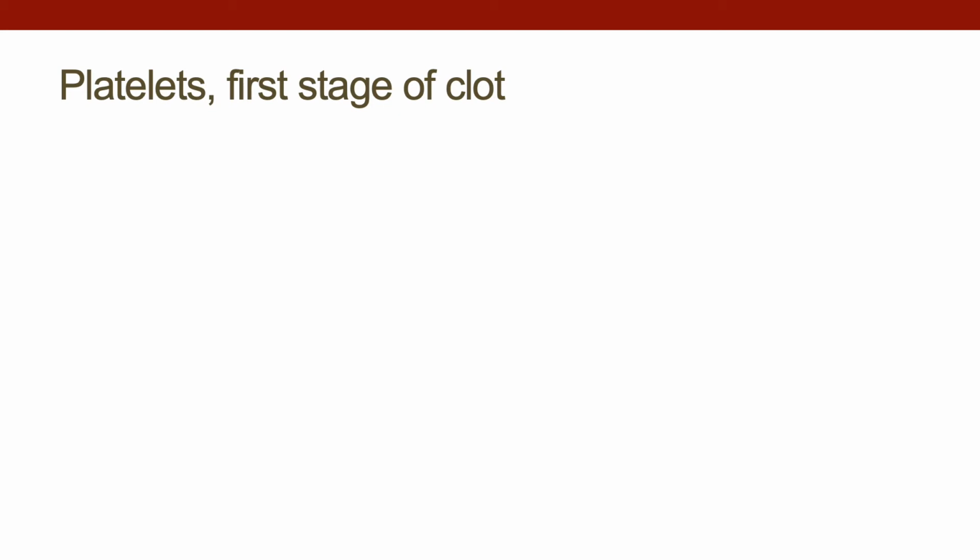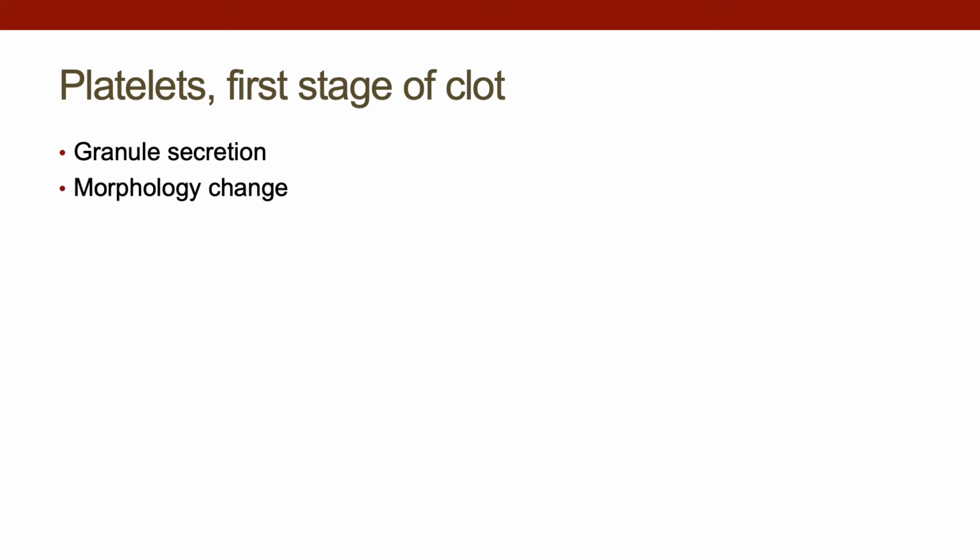With activation, a few other things occur with the platelets. One thing is granule secretion. The platelets contain membrane vesicles called granules that have been divided into different types, and activation causes them to fuse with the plasma membrane and dump their contents into the extracellular fluid.